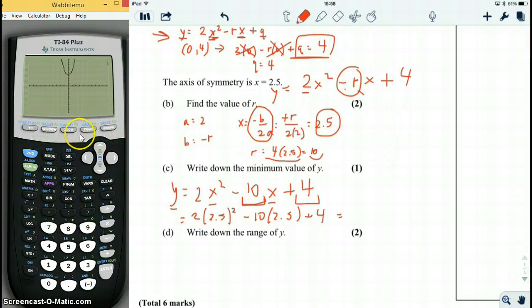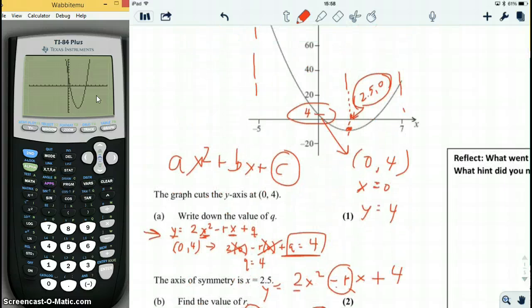Did I put that in right? Let's just check it. Oops, I put in 0x. It should be 10x, right? So to insert a 1 there, I'm going to do second insert 1. Okay, now it's 10x plus 4. Now let's graph again. Yeah, so now it looks more like the graph that was up here, right? It looks pretty much like that graph.